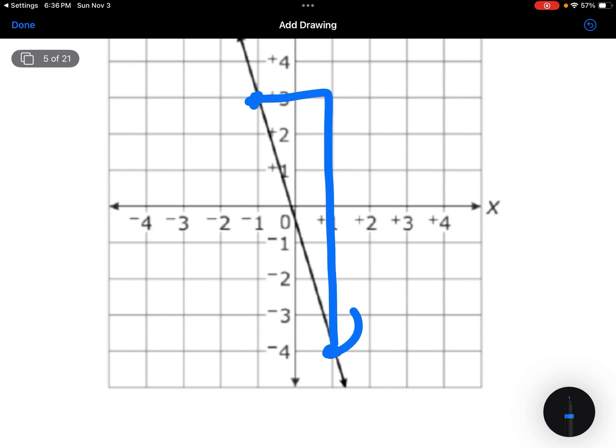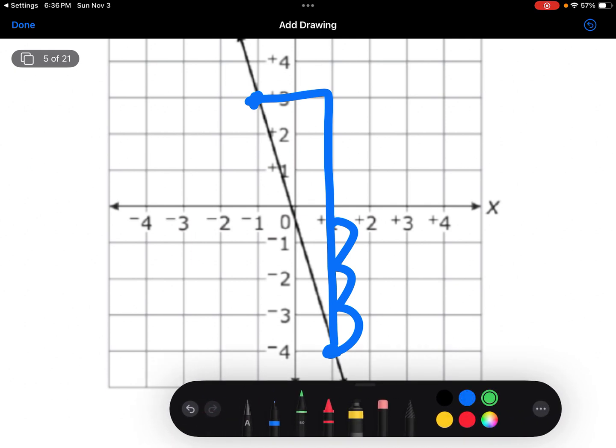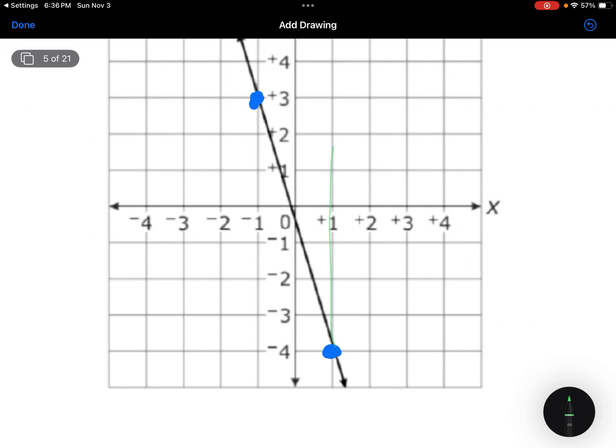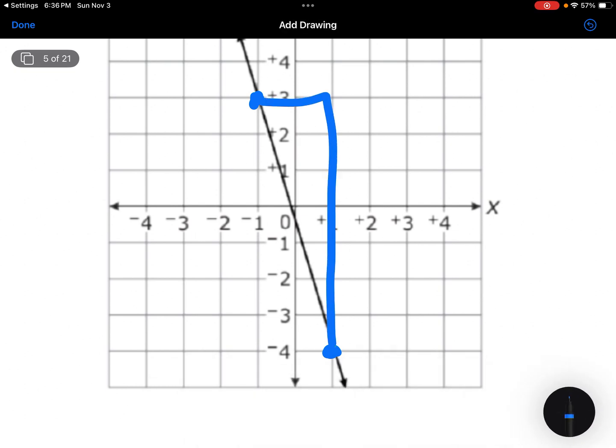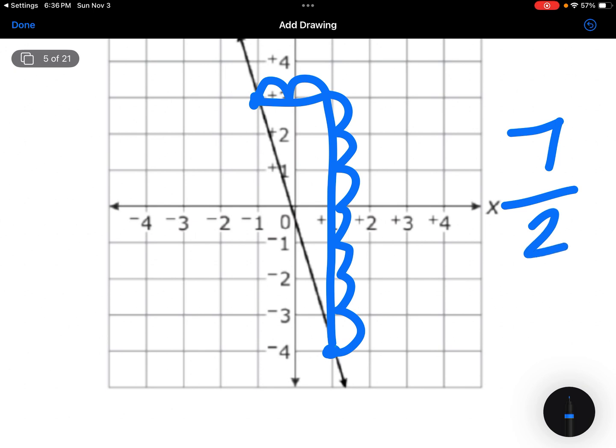Rise, run: 1, 2, oops, went too far. Keep wanting to hit that colored pencil. Rise, run: 1, 2, 3, 4, 5, 6, 7. Run: 1, 2. So I have 7 over 2.